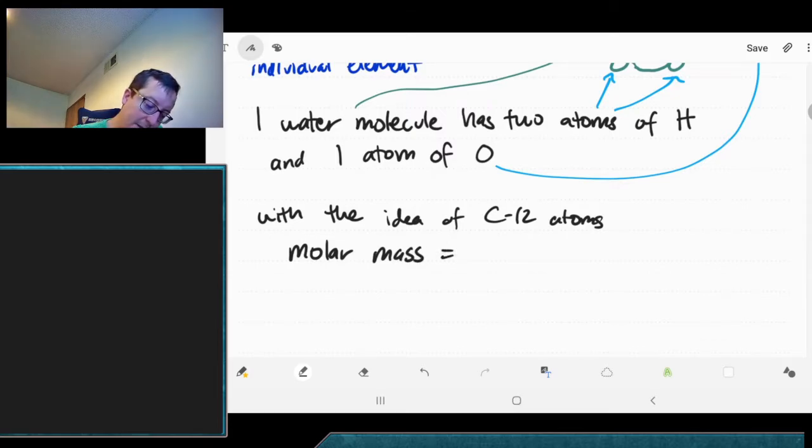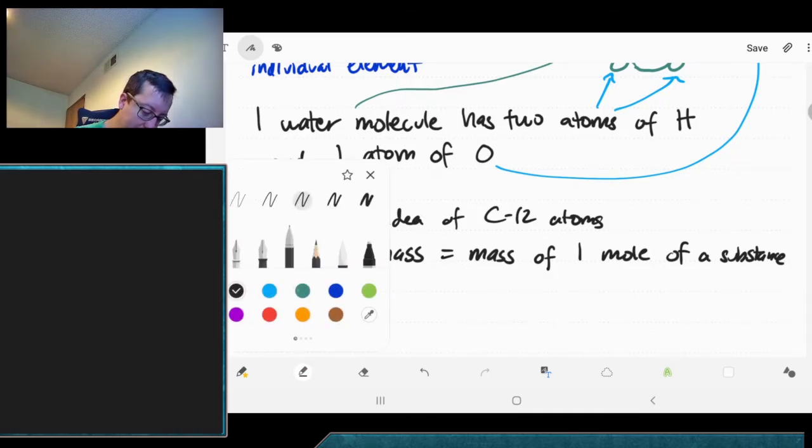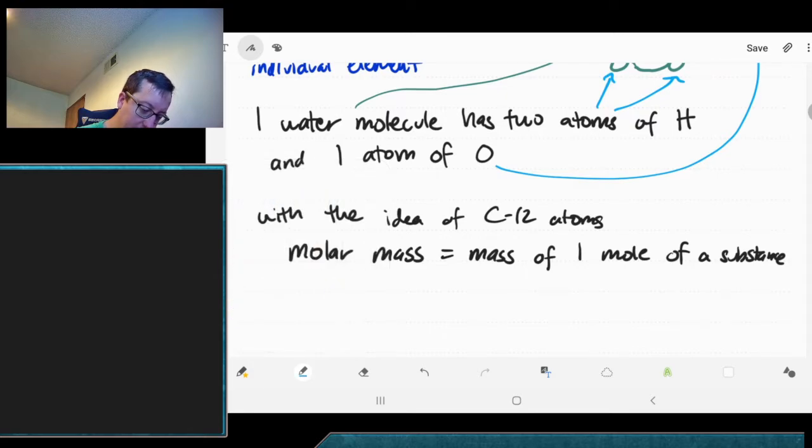And molar mass is going to be the mass in grams of 1 mole of a substance. So if that's substances atoms, or if it's molecules, or whatever substance we're looking at, we're going to see that we can use this idea of molar mass to get those equal to each other. And so the molar mass is actually something we've kind of seen before.